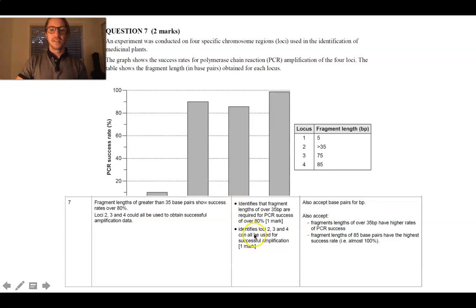Then another mark for identifying loci 2, 3, and 4, therefore, can all be used as successful amplification. And there is an exemplar sample response there. There's also some alternative responses that you would still get marks for. And fragment lengths of 85 base pairs have the highest success rate, i.e. almost 100%.